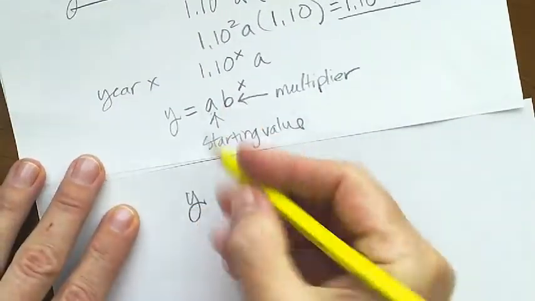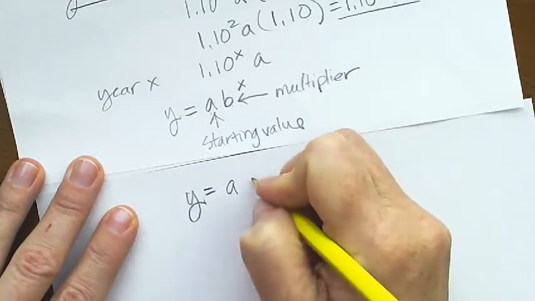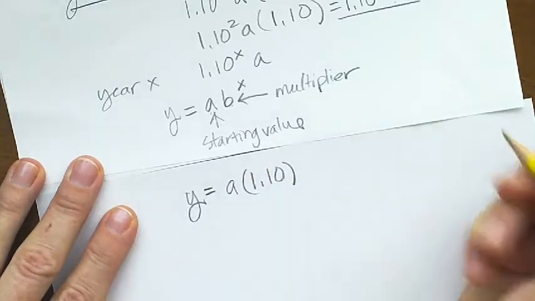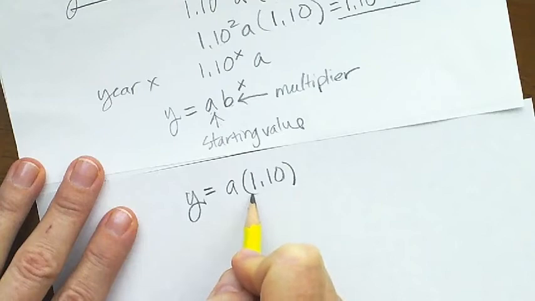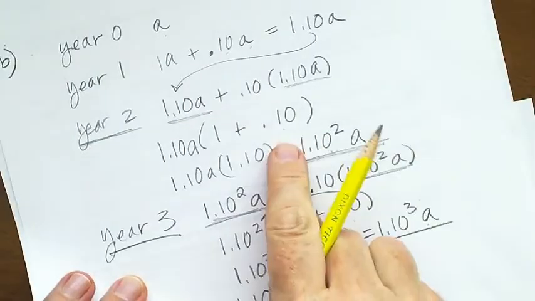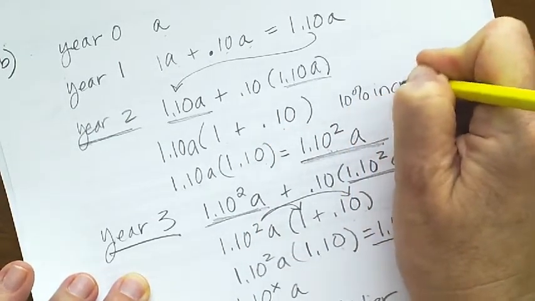We don't know what A is, but we know that this multiplier is 1.10. It's increasing by 10%. If it's an increase, it's going to be 1 plus whatever that increase was. Here it was 1 plus 0.10 because it was a 10% increase.